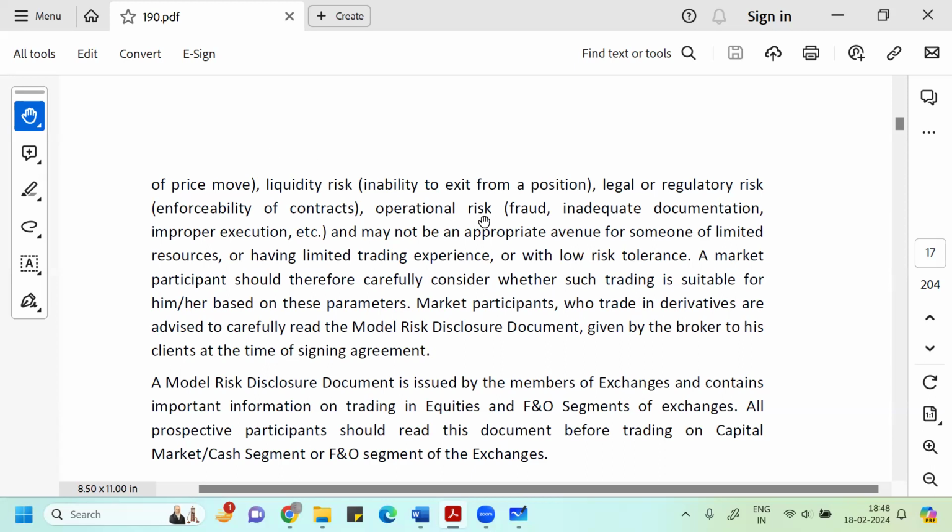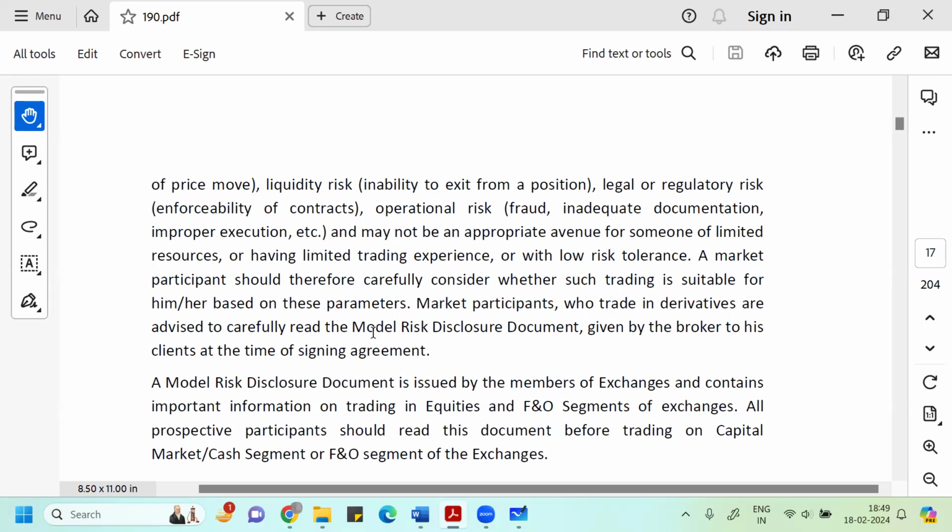Then there can be legal or regulatory risk and operational risk. These are all subjective; if you read, you will understand. A market participant should therefore carefully consider whether such trading is suitable for him or her. Whenever we participate in the derivative market, the understanding of risk management and the ability to bear risk is very important.